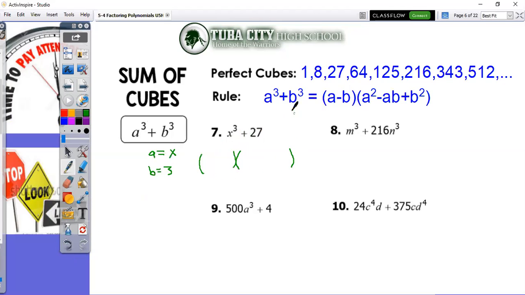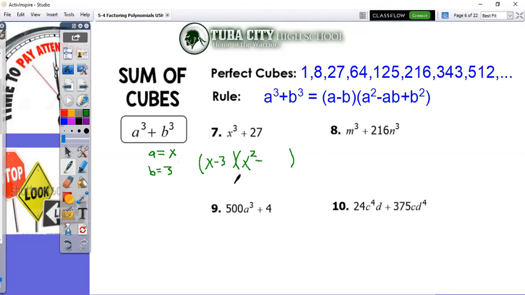Now, a minus b, so that's x minus 3, because this is my a, that is my b. Now we square a. So a squared is x squared, minus a times b.